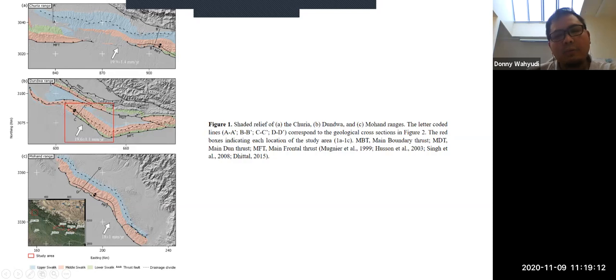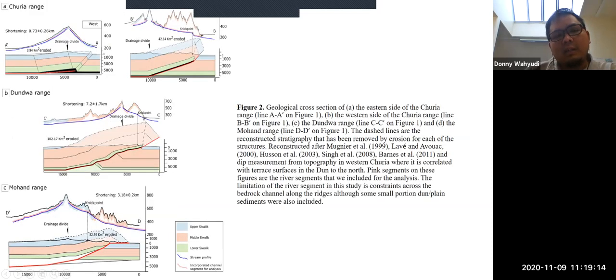So we think that the structures, the faults, are propagating in that section. So this is based on Sapi et al. 1992 on the development stage of fault propagation fault.